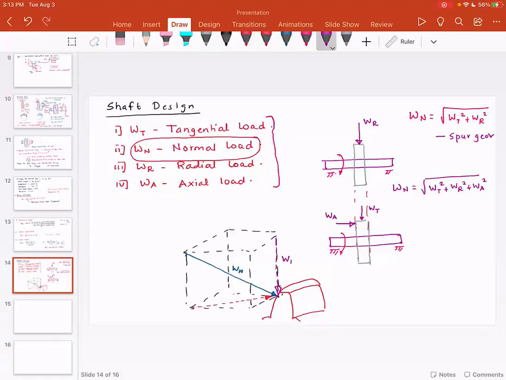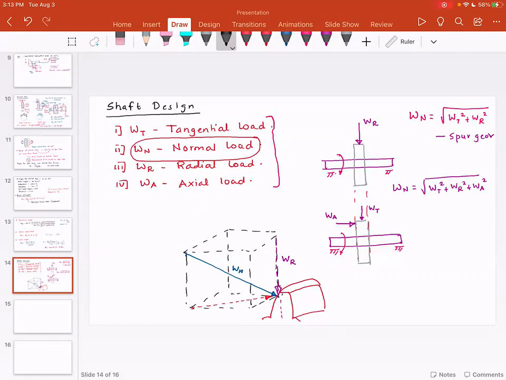This force is the radial force, because as you can see, this is going towards the radius. Now, if you look at the component of Wn in the horizontal plane, and I want you to observe this very, very carefully.